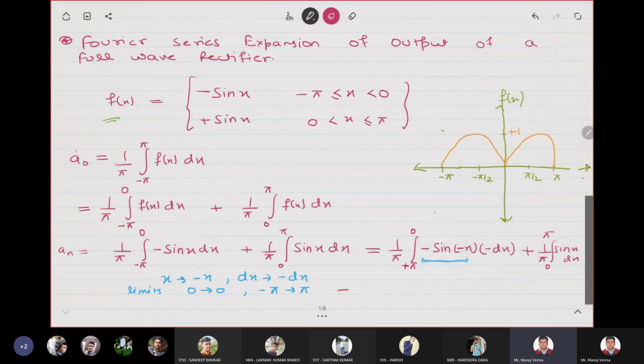So I can write 1 over pi from 0 to pi sin x dx, now that I have interchanged the limits, plus 1 over pi from 0 to pi sin x dx.